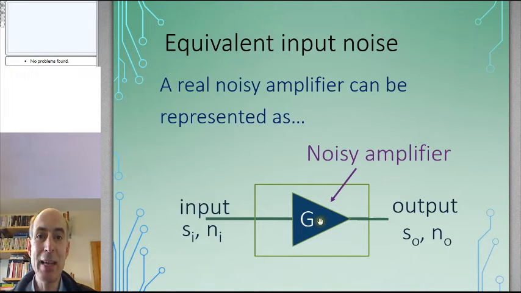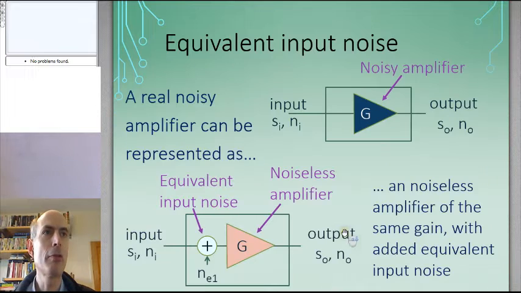It will have some gain, and in the process of multiplying the signal by that gain, it will introduce some additional noise to give an output signal, SO, and an output noise, NO. Now, we can create an equivalent model of this noisy amplifier in terms of a perfect noiseless amplifier and an equivalent input noise, in such a way that the output signal is just equal to the input signal times the gain, and the output noise is equal to the input noise plus the equivalent input noise times the gain.